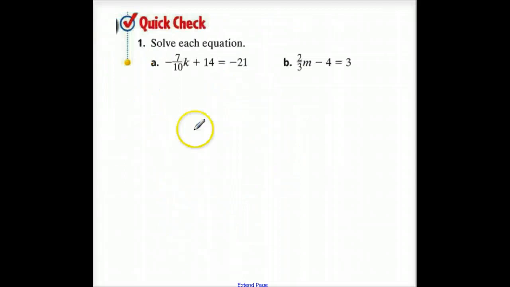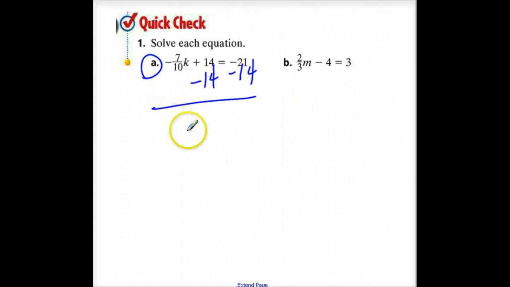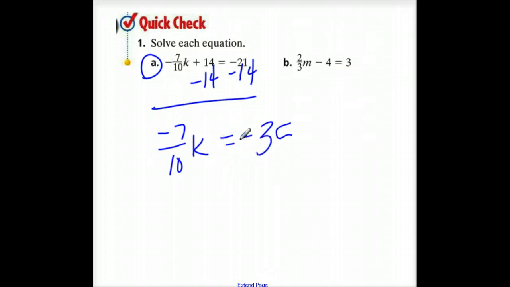All right, let's just do one more. Let's do A. Remember, first step in a two-step equation, get rid of the constant. So I have -7/10 times k equals -21 minus 14. That's going to be -35 because it's like adding the opposite, two negative numbers.